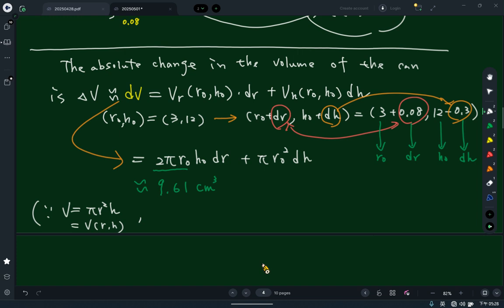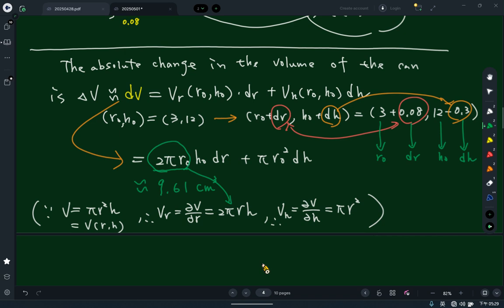When we calculate partial V partial r, that will be 2 pi r h. Partial V partial h will be pi r squared. Okay, so we can just use that here.